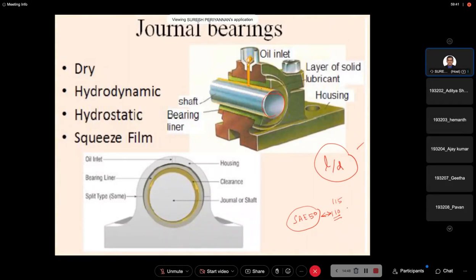At which temperature is this measured? At 212 degrees Fahrenheit. SAE 10, SAE 20, up to SAE 70 are measured at high temperature, especially 210 degrees Fahrenheit as we discussed in the last class. Also, what is SAE 10W? As a mechanical engineer, you should know that this is for low temperature, especially the winter season.